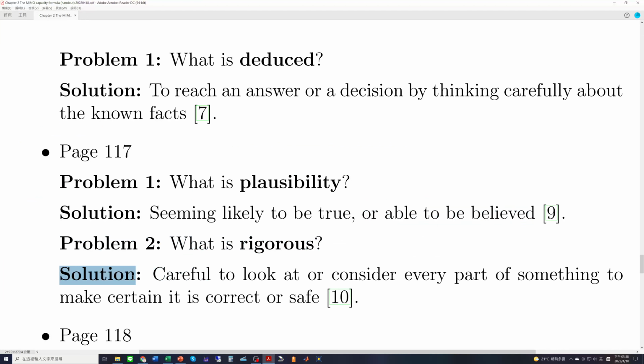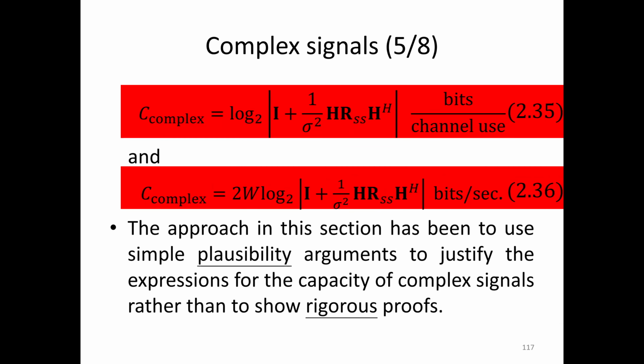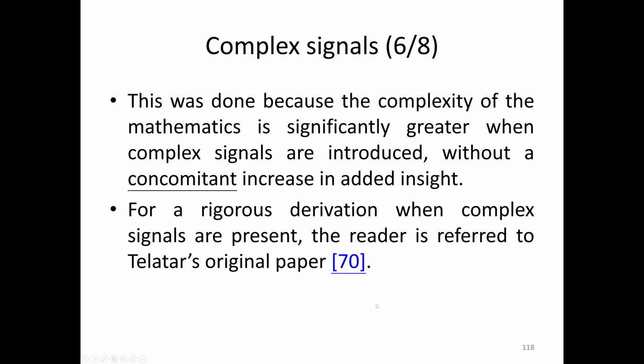Solution: careful to look at or consider every part of something to make certain it is correct or safe. If you translate the word rigorous to Chinese, it should be 严谨的. Next page.